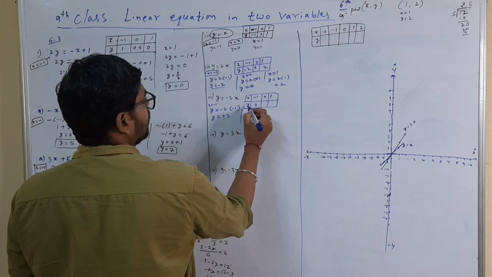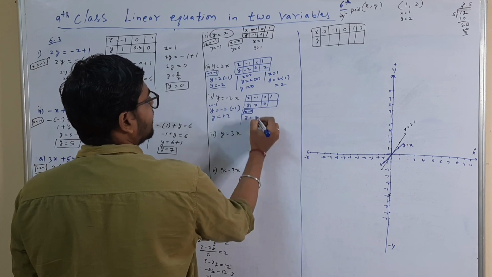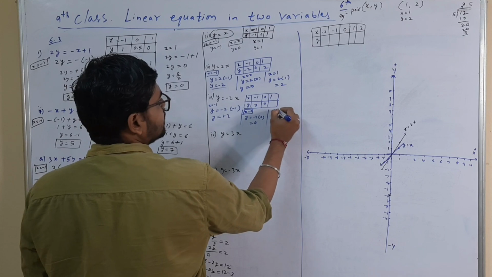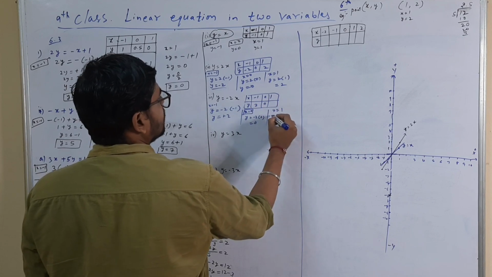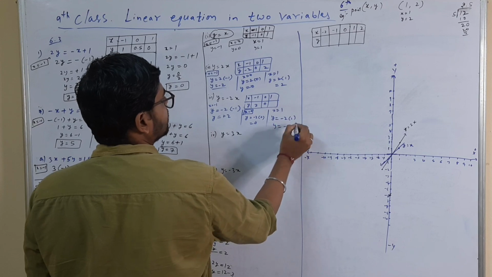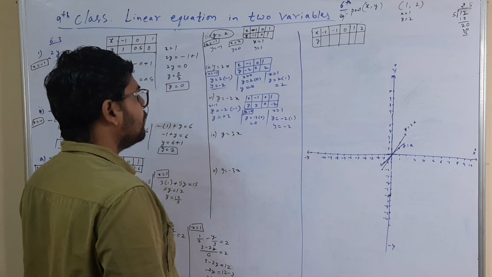Now x equal to 0, we substitute, y is equal to -2 into 0, so 0. Next x is equal to 1, y is equal to -2 into 1, y is equal to -2. Okay, so here we get -2. Now we draw this graph.